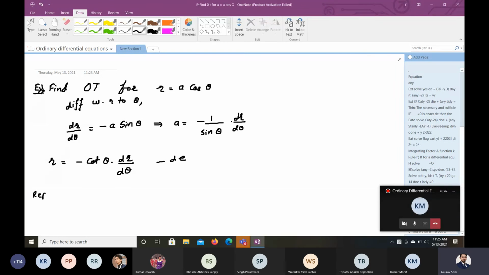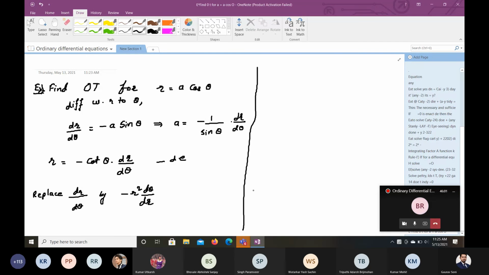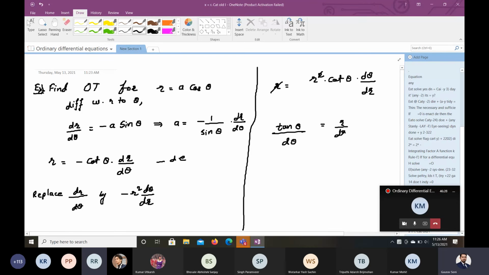Now we will replace dr by d theta by minus r square d theta by dr. So what we'll get is r is equal to r square cot theta d theta by dr. Again, one of the r will get cancelled out.